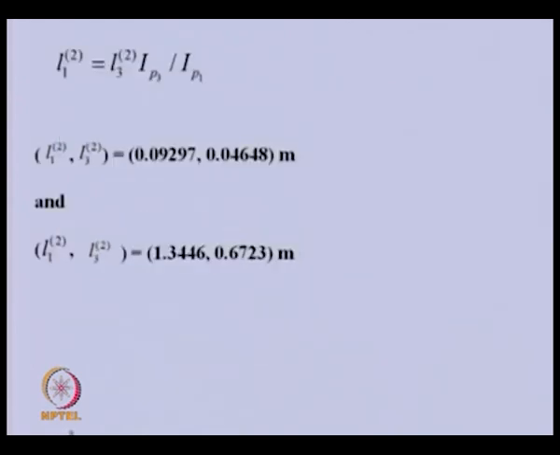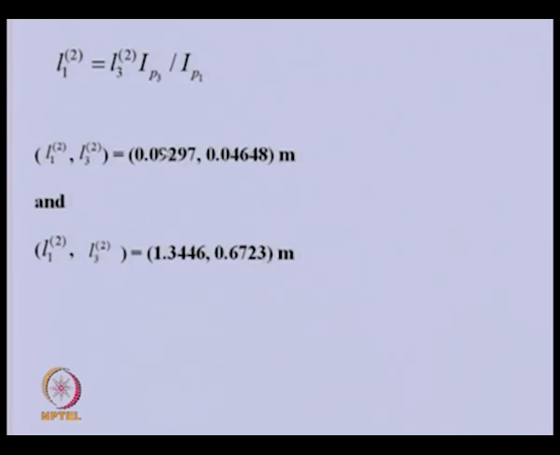Corresponding to these two roots, using this expression we will get two possible values of L1 subscript 2. So we have two combinations of L1 subscript 2 and L3 subscript 2. This is one possible combination, and this is another possible combination.